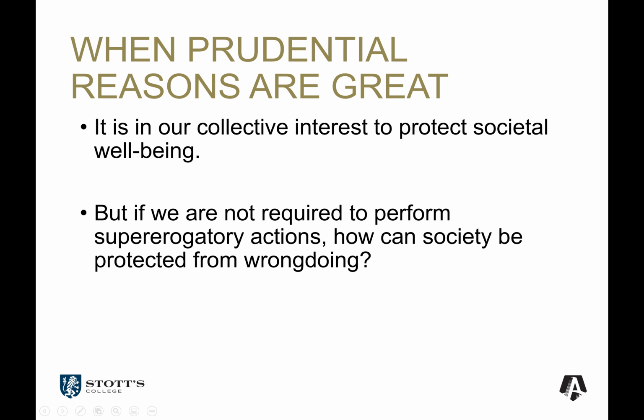Is our collective interest to protect societal well-being greater than our self-interest? So when prudential reasons are great, it is in our collective self-interest to protect societal well-being. But if we're not required to perform supererogatory actions, can society be protected from wrongdoing?